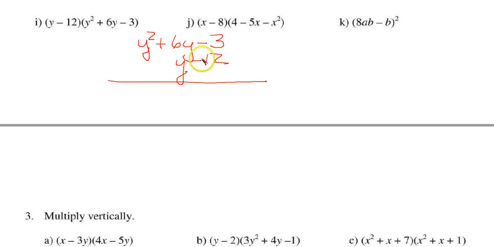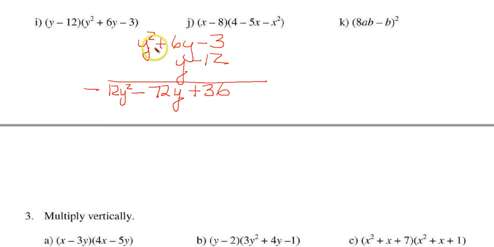So again, being careful of the signs. Negative times negative is a positive 36. 6 times a negative 12 is a negative 72y, and this is a negative 12y squared.